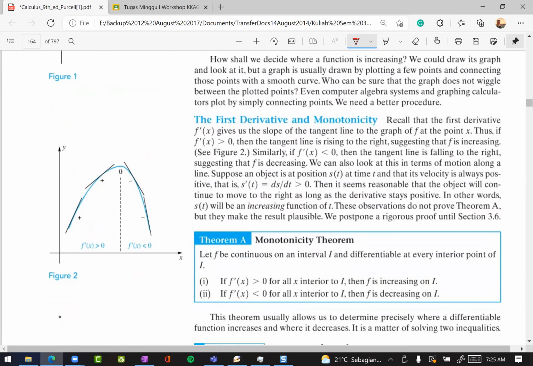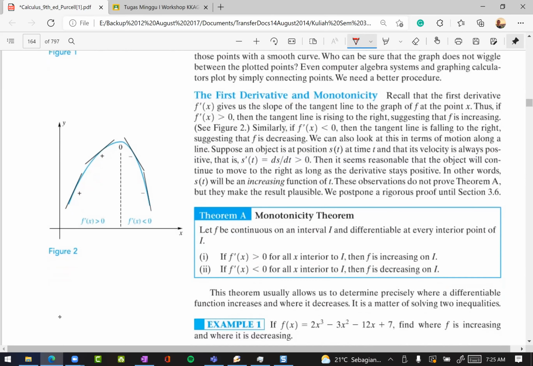It says that if the derivative is positive, then f is increasing, and if the derivative is negative, then f is decreasing around that point.